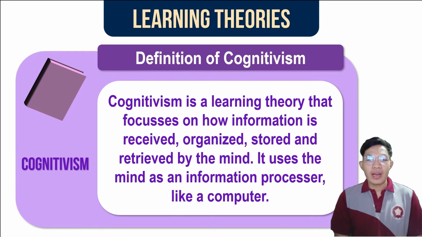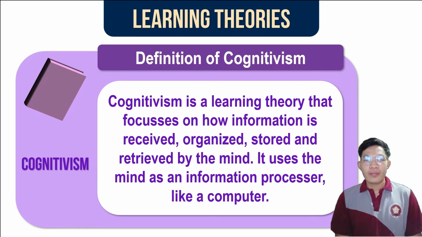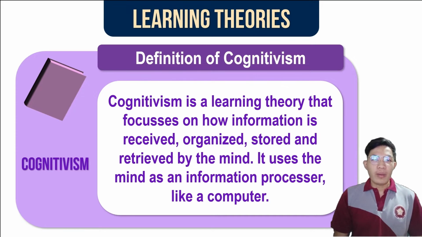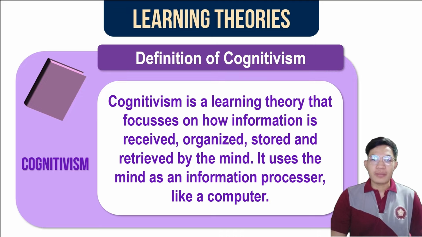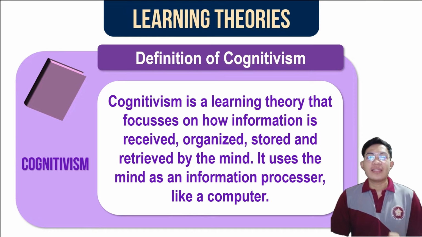We can compare our mind to a computer because like a computer, we receive information, we organize information, we store information, and lastly, we process information. For example, in the classroom, the instruction should be organized, sequenced, and presented in a manner that is understandable and meaningful to the learner.